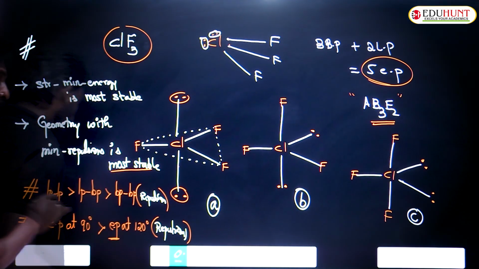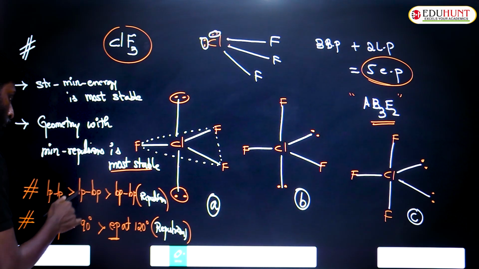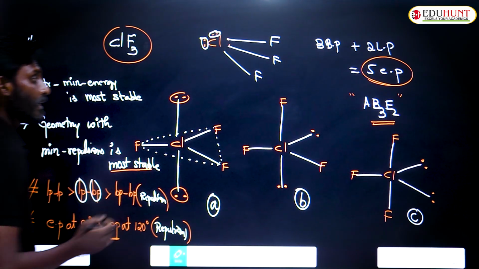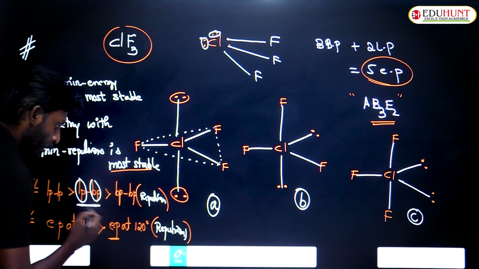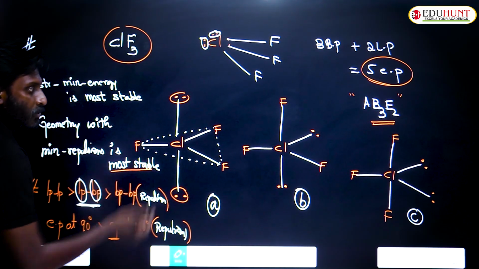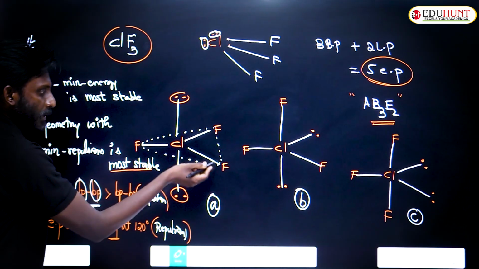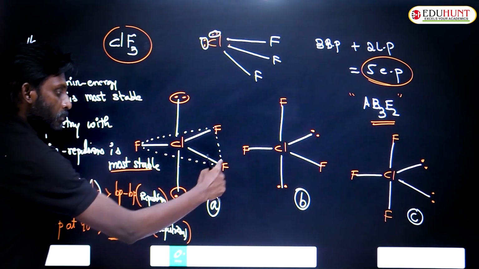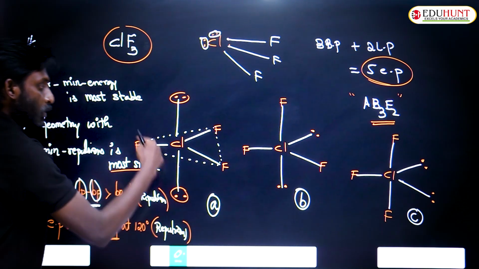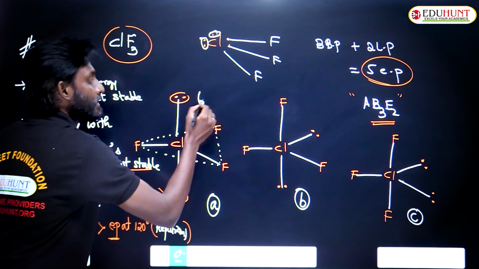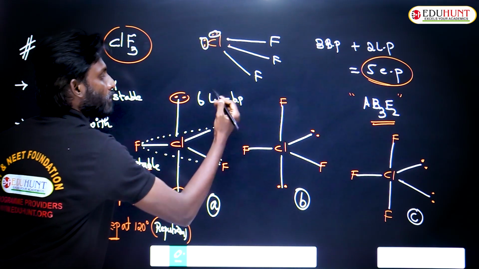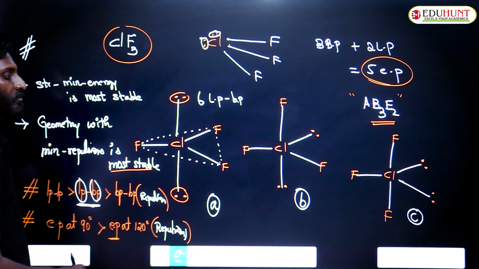So of course, lone pair, bond pair repulsions are not very high, not very low. They are moderate. But how many do you count? Lone pair, bond pair, lone pair, bond pair, towards the top. From the bottom, lone pair, bond pair, lone pair, bond pair. There are 6 lone pair, bond pair repulsions operating.